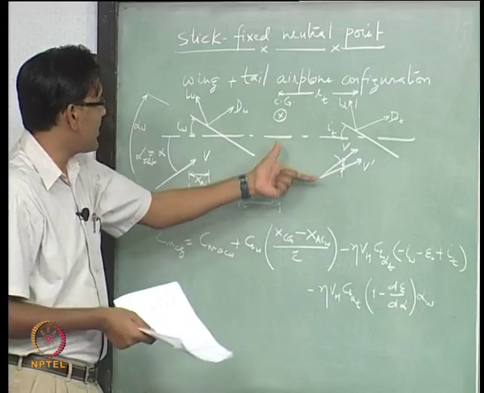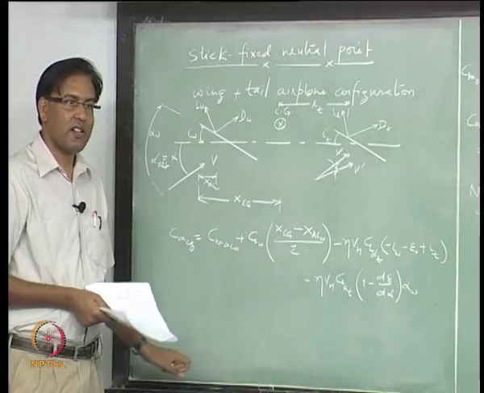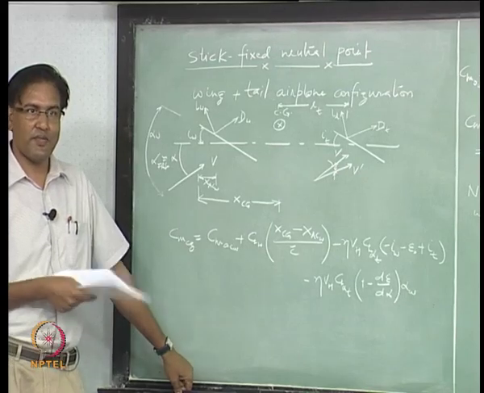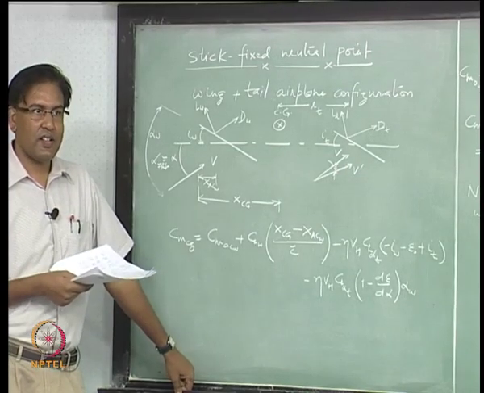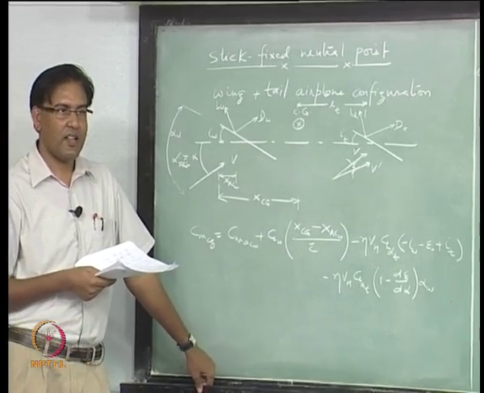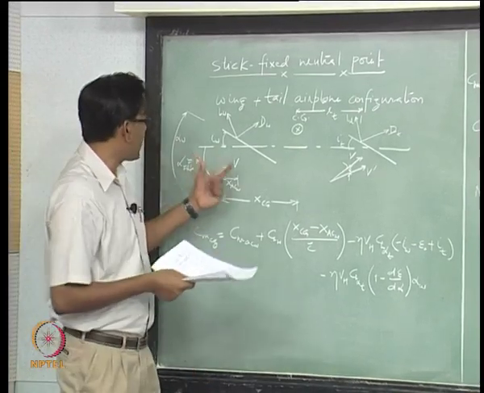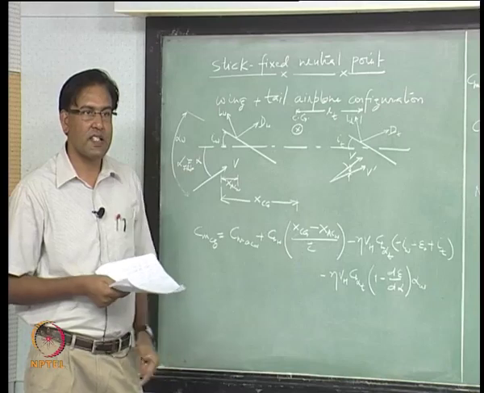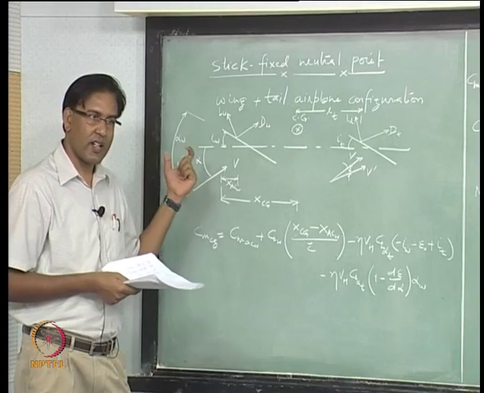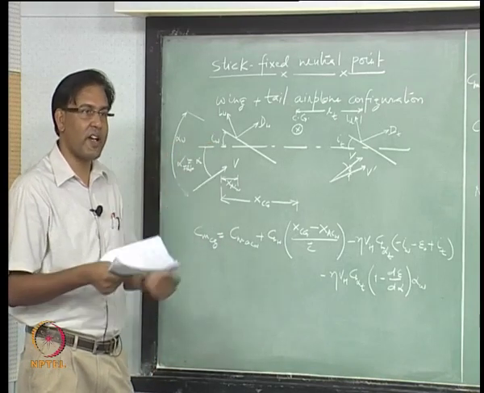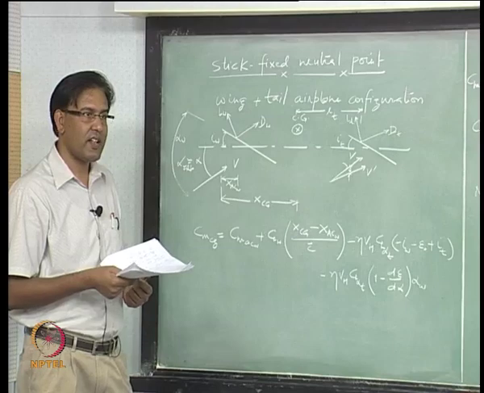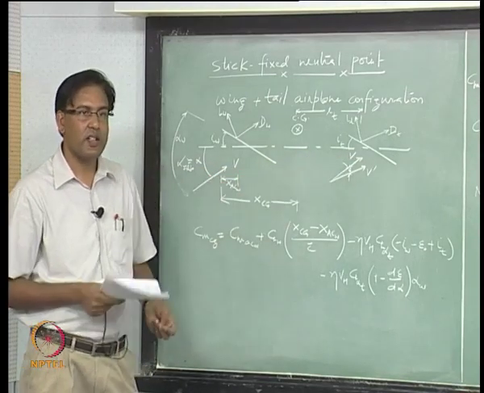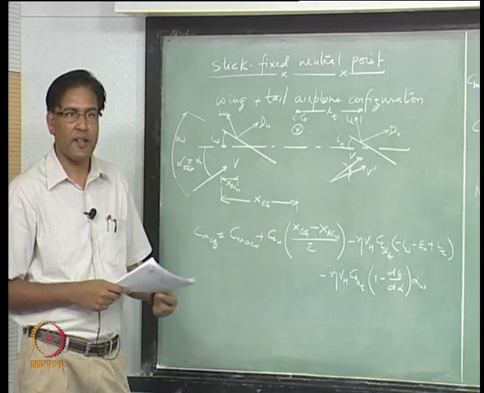It is going to give an additional positive moment, right. So, both of them will actually become destabilizing. When the lift produced on the tail is negative, then the contribution from the wing, which is already destabilizing, right, and the tail will also start having a destabilizing effect on the pitch stability, isn't it?